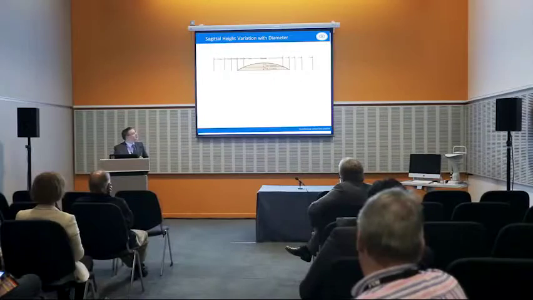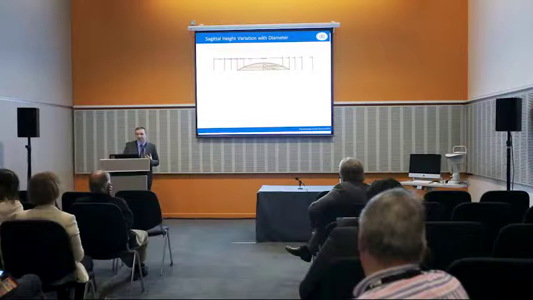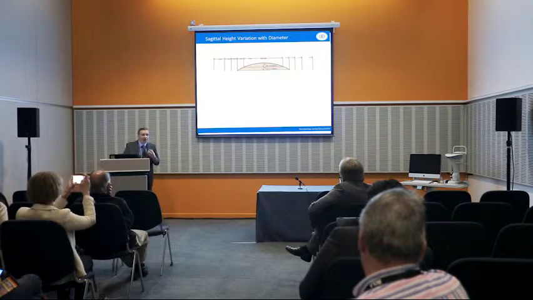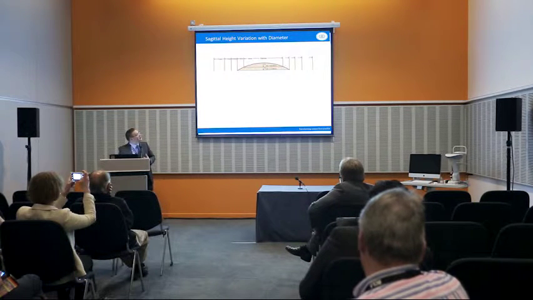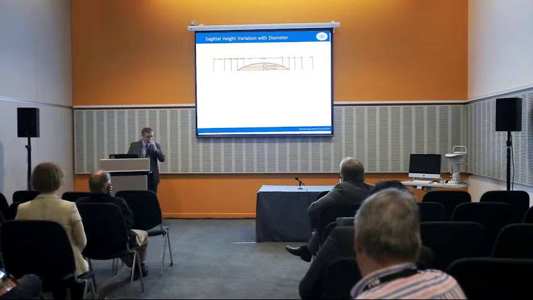If you just extend that by 2 millimeters to 8 millimeters, you've got almost a doubling of sagittal height. And if we just extend that out, you can see what a profound effect it makes by increasing the corneal diameter, or the diameter in this instance. Now, that applies both to the cornea, but it also applies to your contact lens as well. So as you increase your diameter, you're also increasing either the ocular sagittal height if it's the eye, or the lens sagittal depth if it's the lens.